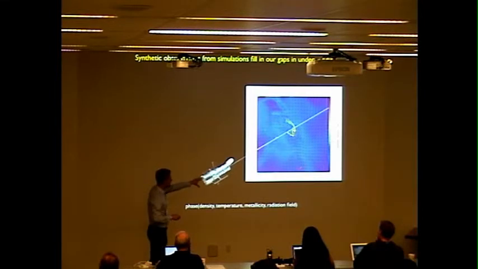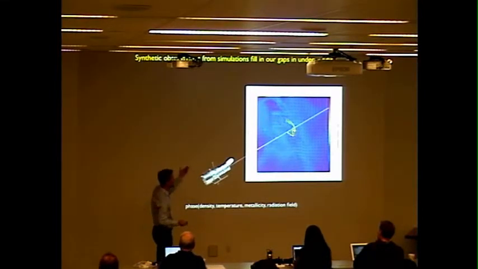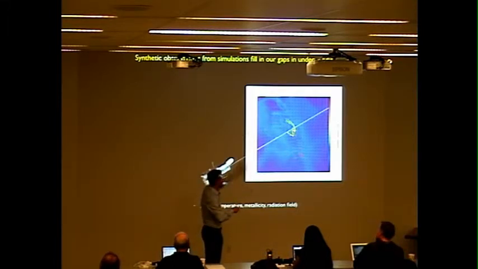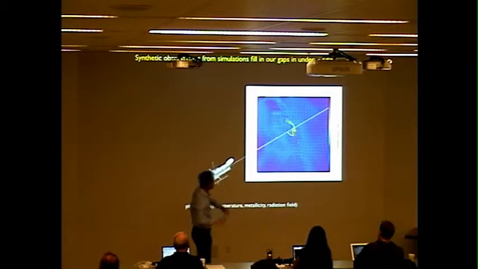This is a slice through a simulation that I did as part of a study last year. This is just the gas number density that we're looking at in this slice, and you may be able to see the velocity profile overlaid on top.